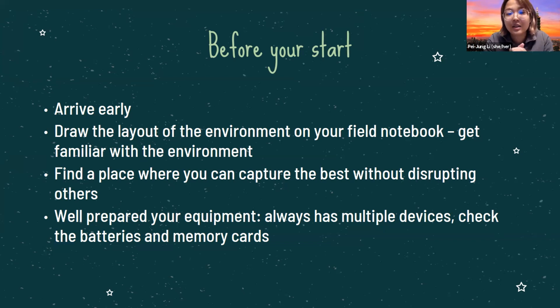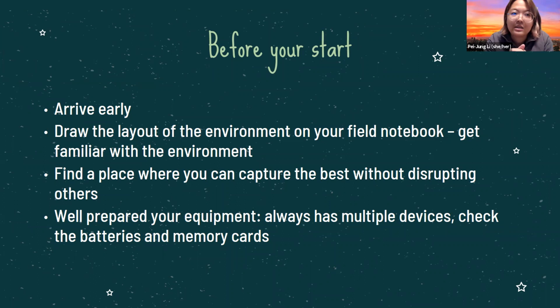The last tip actually works not only for observation, but also for any research activity that involves equipment, such as cameras or audio recorders: you always want to make sure you have multiple devices. For example, I will usually have an audio recorder, and at the same time I also have my cell phone recording.